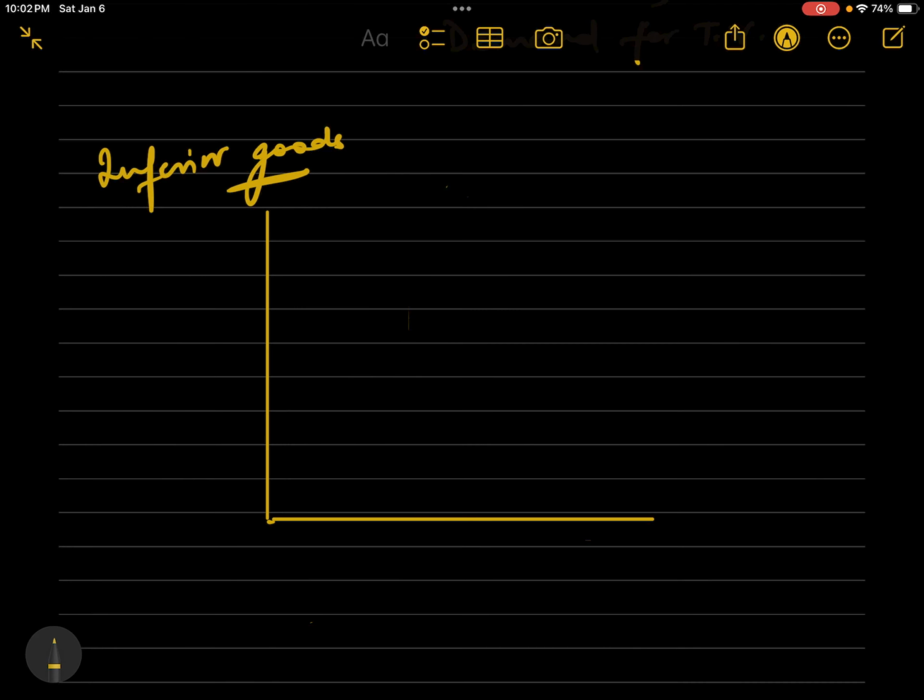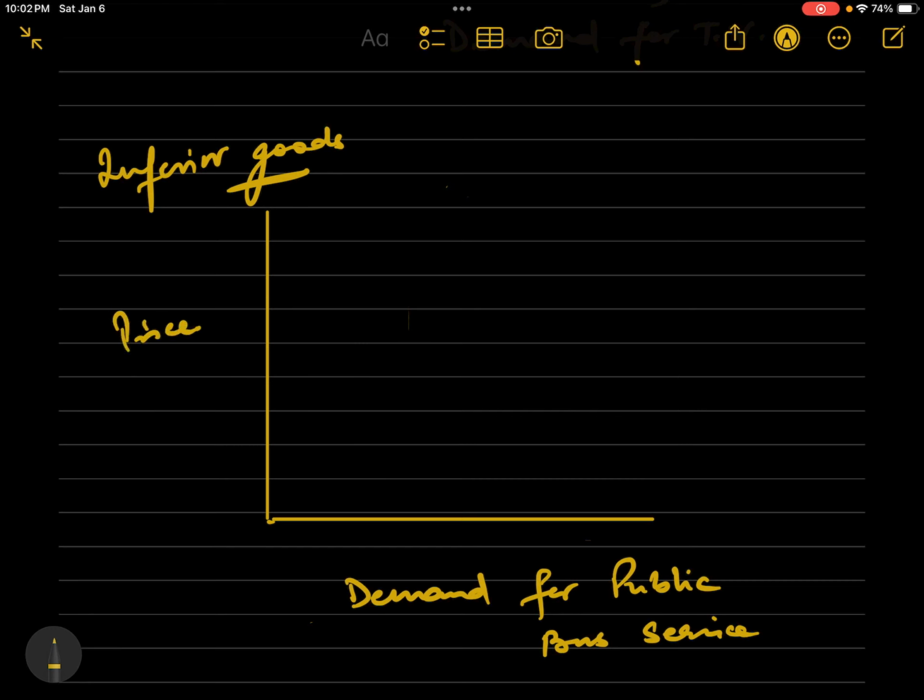Now in case of inferior goods, what will happen? So let's take demand for public bus service and price probably of the ticket for the bus. So in this case, what is happening?